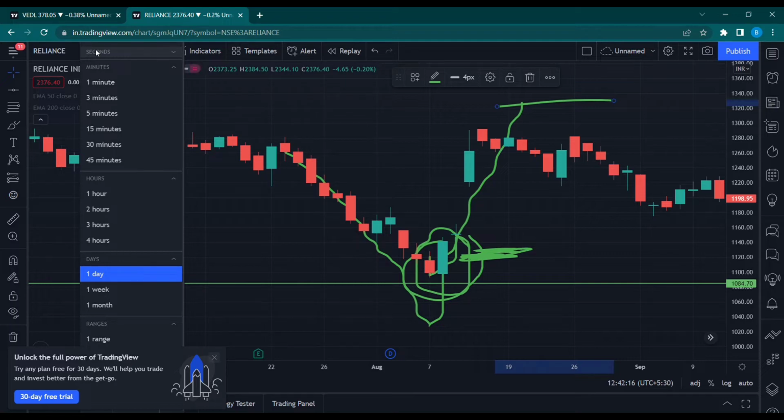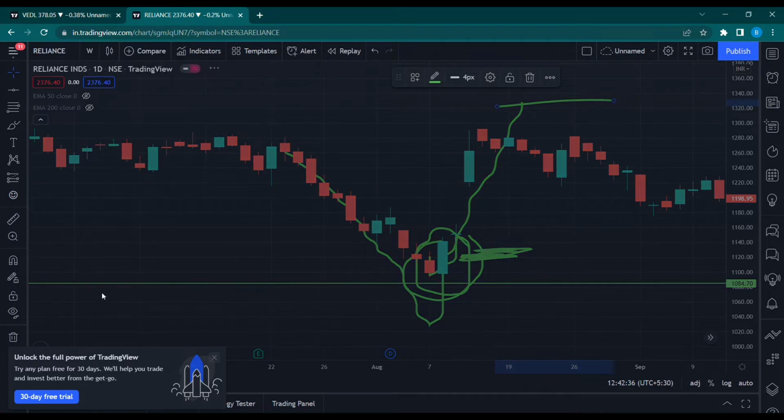On the weekly time frame, it will have higher accuracy, and on the monthly, even higher. But if you come down to intraday levels like 5 minutes, 15 minutes, 30 minutes, then accuracy goes down. So I'll just open the weekly chart.